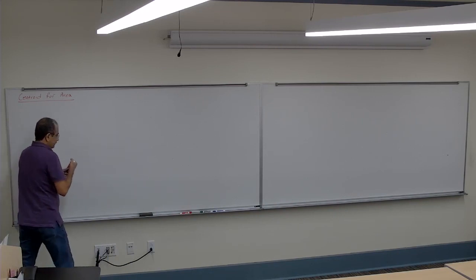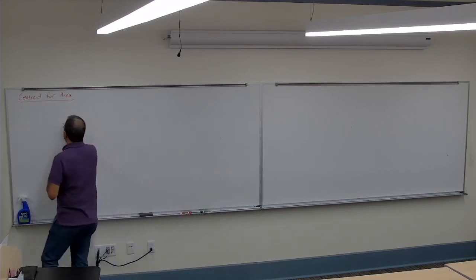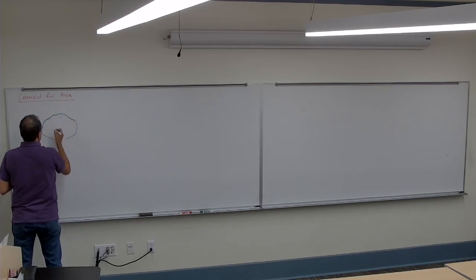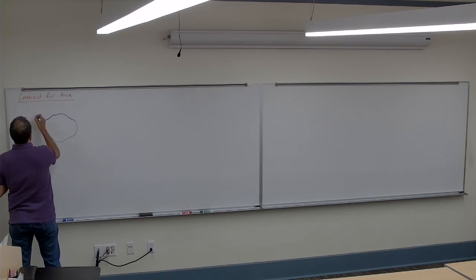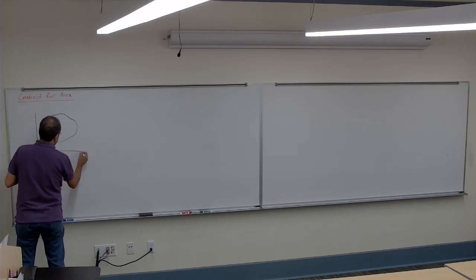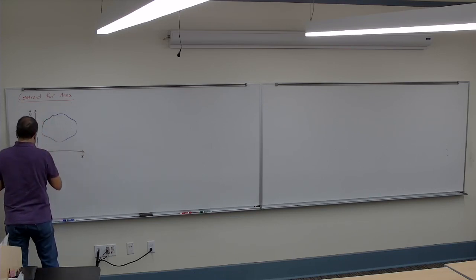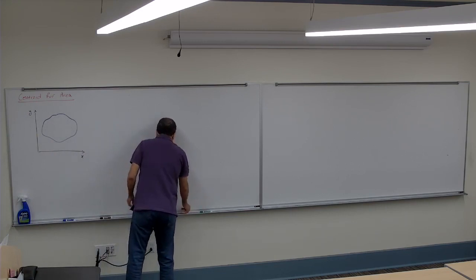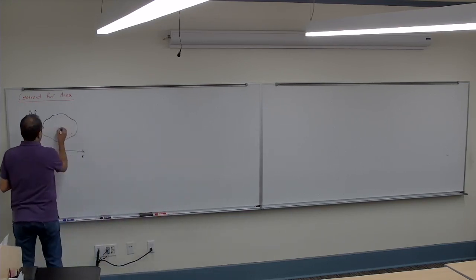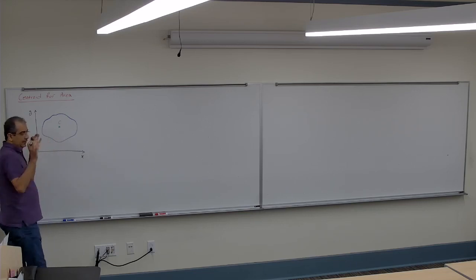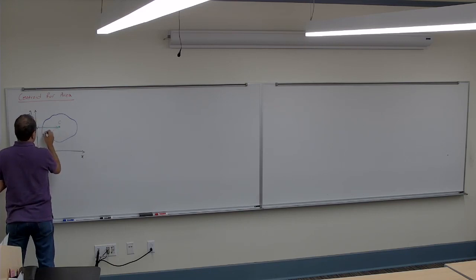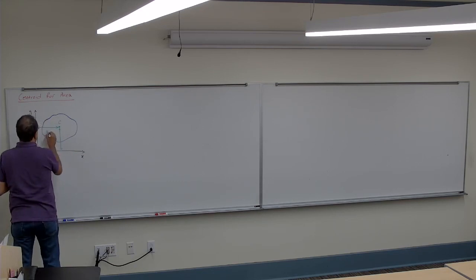If I have an object looking like that, with x and y axes, and the centroid of that object sitting somewhere here, usually the distance to the centroid is referred to by bar. So it's going to be x bar and y bar.